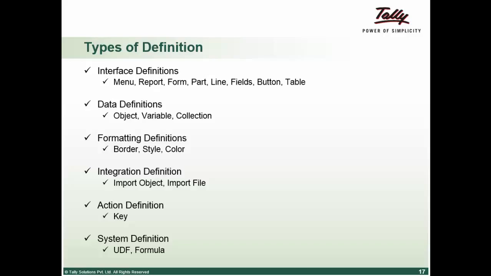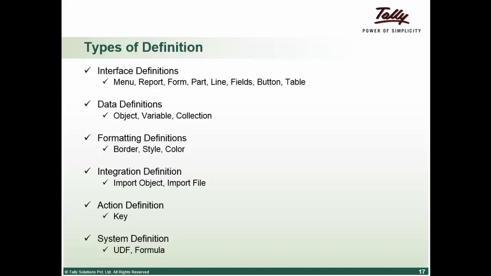Data definitions are used for storing the data, and the definitions in this category are objects, variable, and collection. Formatting definitions, which are used in formatting the user interface, are referred to as formatting definitions.